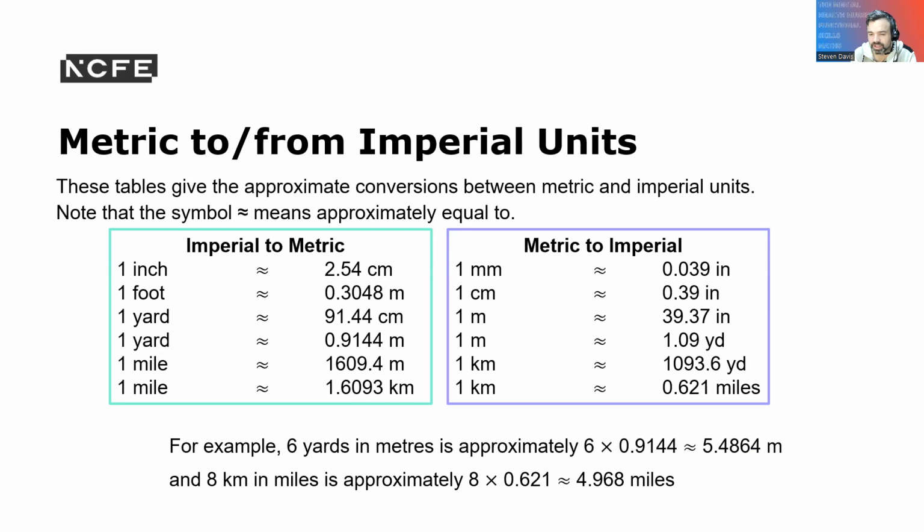So for example, 6 yards in meters is approximately 6 times 0.9144. That's just over 5.5 meters. And 8 kilometers in miles is approximately 8 times 0.621. So that's just under 5 miles, isn't it?